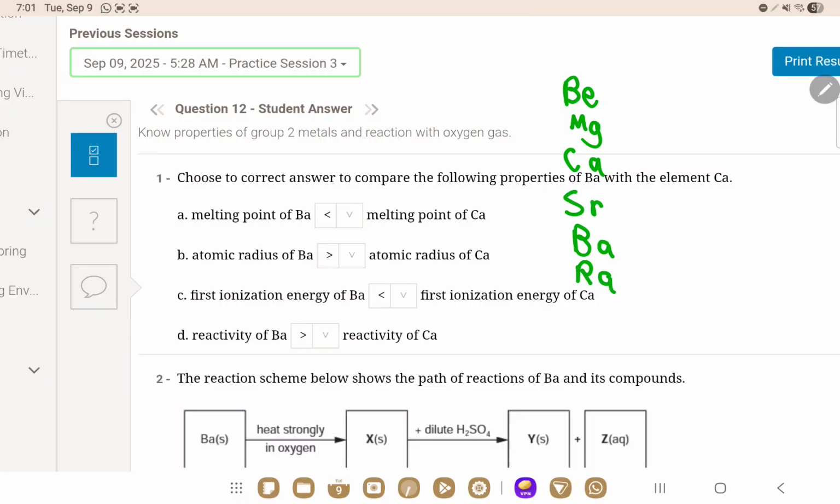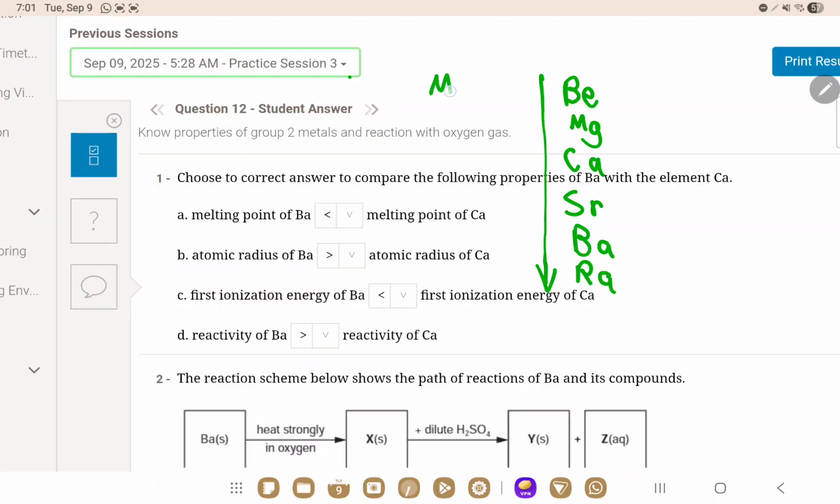Now, when we're talking about these metals, there are certain trends. As we go down the group, the melting point will decrease. But there's a slight thing I'm going to show you at the end of the video. I'm going to open the chem book and show you the tables because I can't really explain them, but you need to really memorize them.